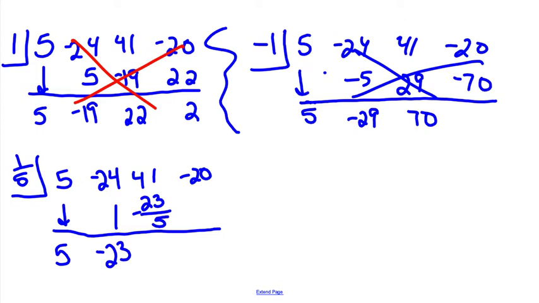And then add your 41 there, and that's going to give you 182 over 5. Multiplied by 1/5, that's just going to make that 182 over 25.